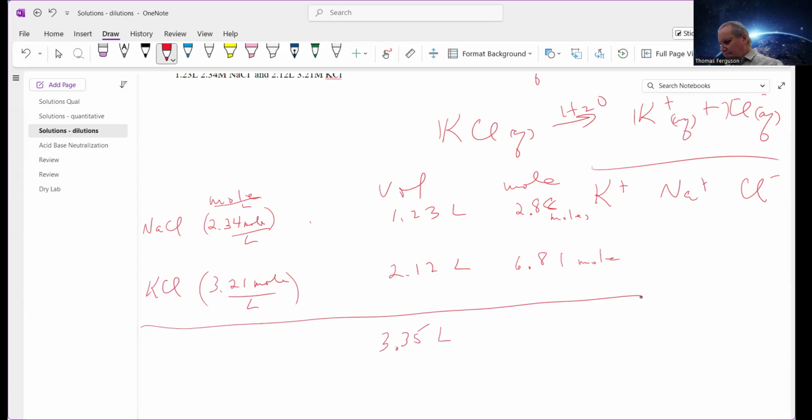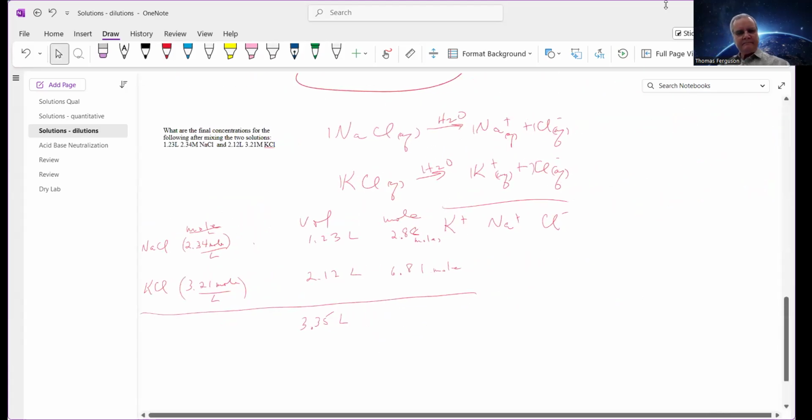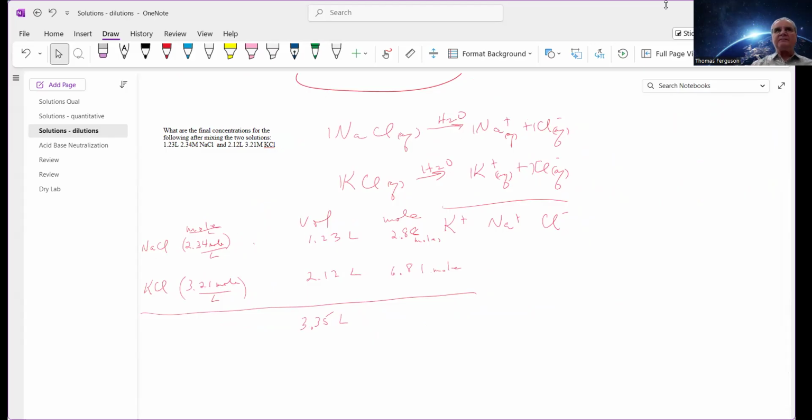Now, we're not interested in the moles of sodium chloride. We're interested in the moles of sodium and the moles of chloride. Because the question asks you, what are the amounts after mixing the two solutions together? We want to find out all those amounts.